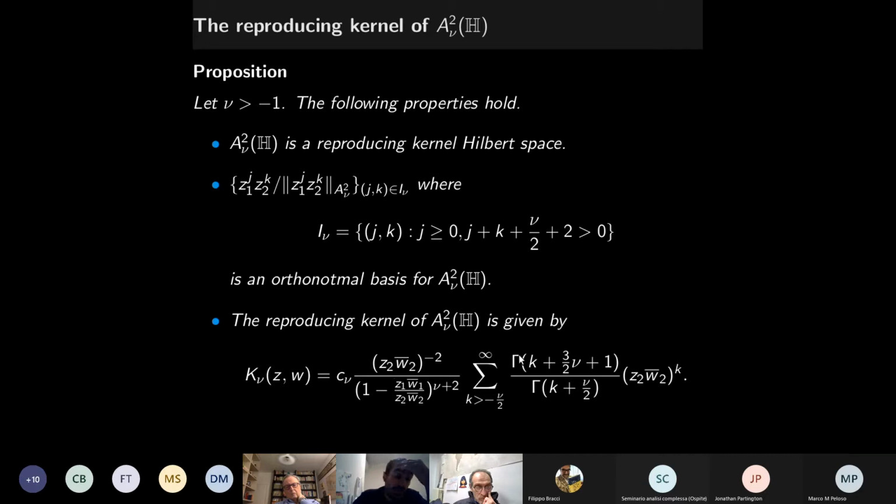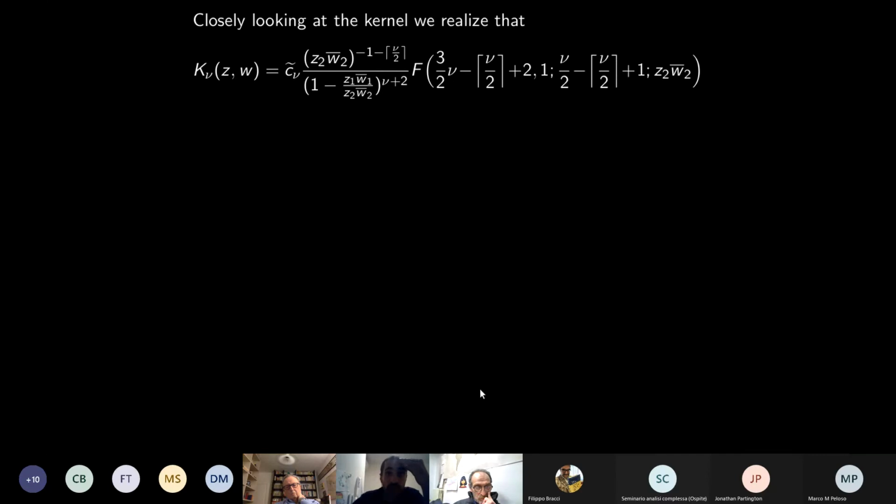But actually, we are quite lucky, it's probably a coincidence, but it's quite nice, because if you take a closer look at this sum, we conclude something more: the reproducing kernel can be written as follows. We have a constant here. Then we have (z2 w2 bar) to the power -1 minus the ceiling function of nu over 2, which is the smallest integer greater than nu over 2.